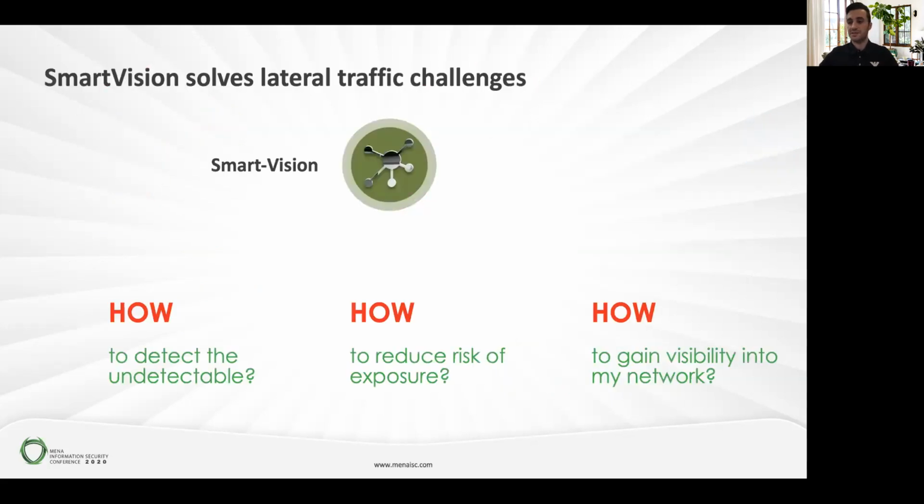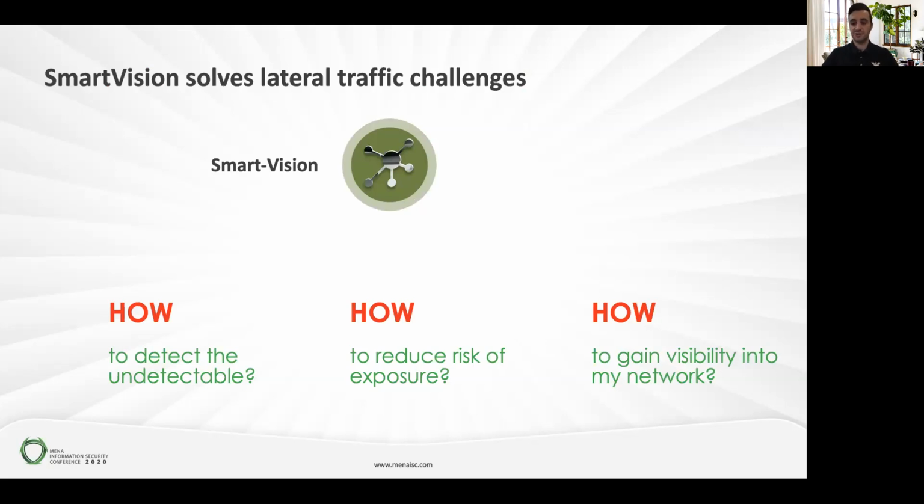Now, let's talk about identifying lateral movement challenges and detecting them. When it comes to lateral movement identification, we have our solution called Smart Vision. This solution is there to address the common lateral movement challenges, and it is well designed to do that.